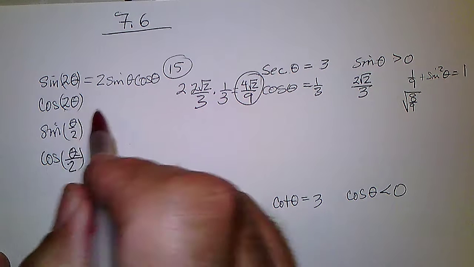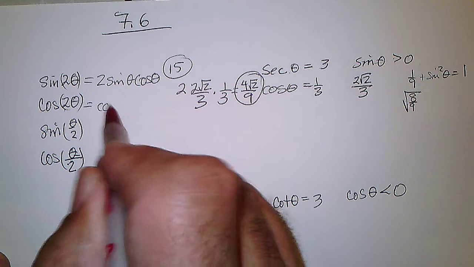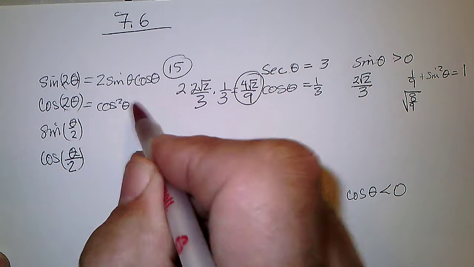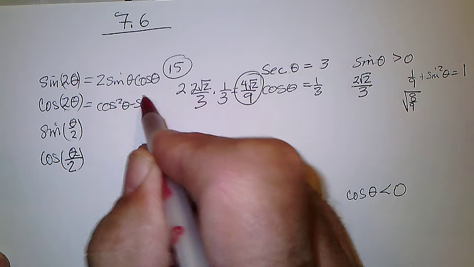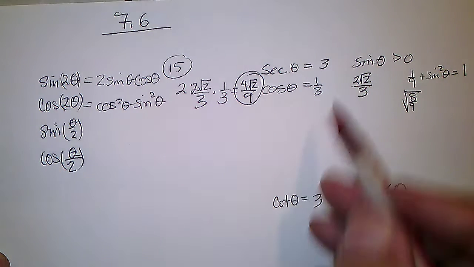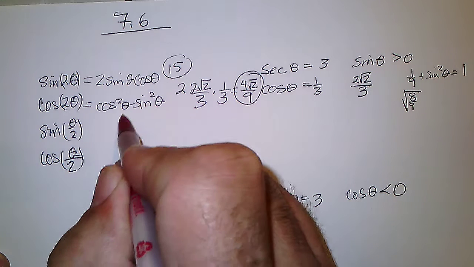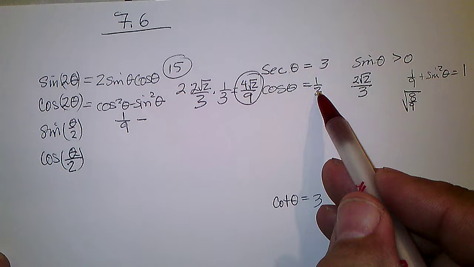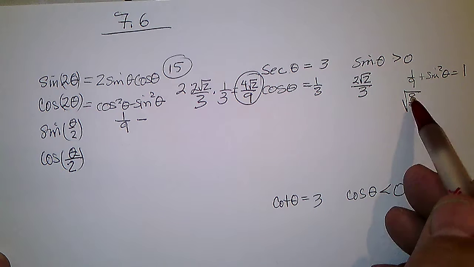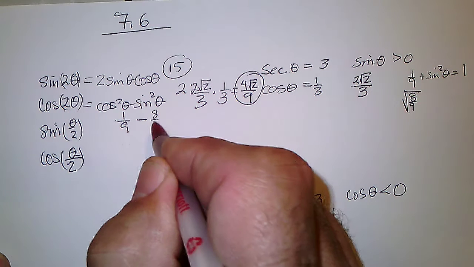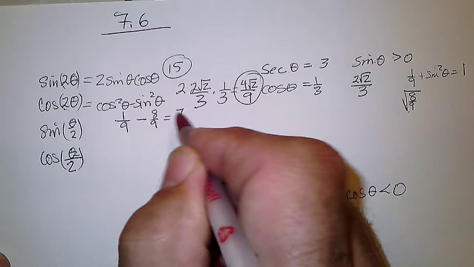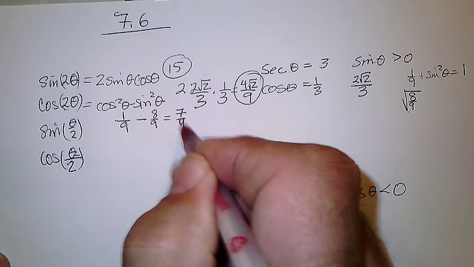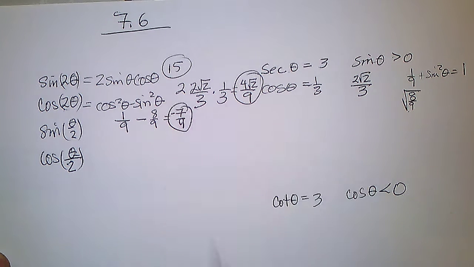Cosine of 2 theta is cosine squared theta minus sine squared theta. So cosine squared theta is 1/9 minus sine squared, that would be 8/9, which is negative 7/9.